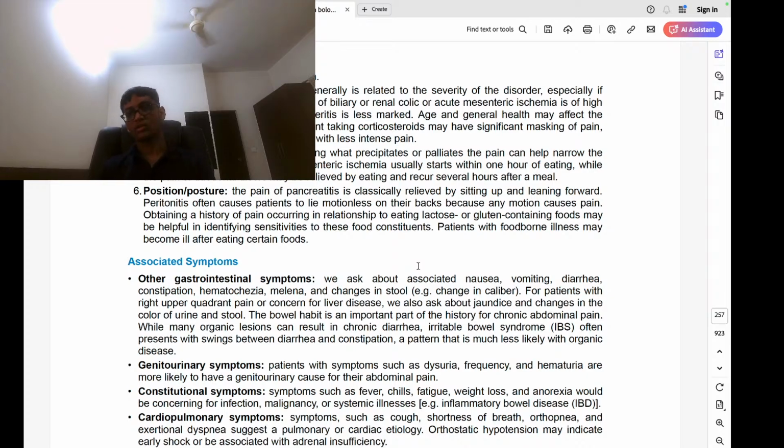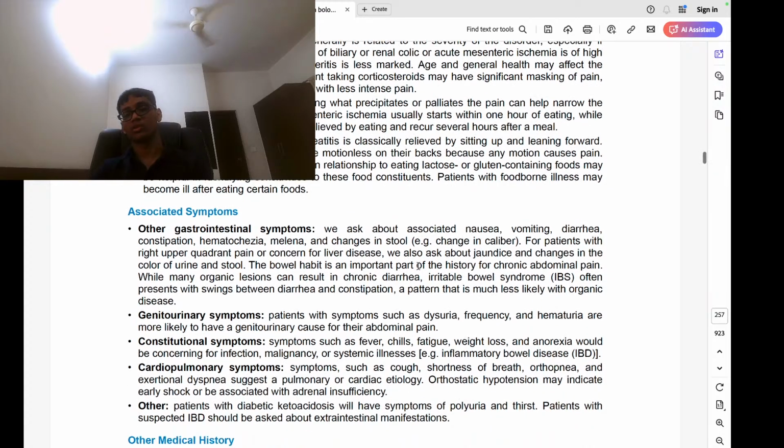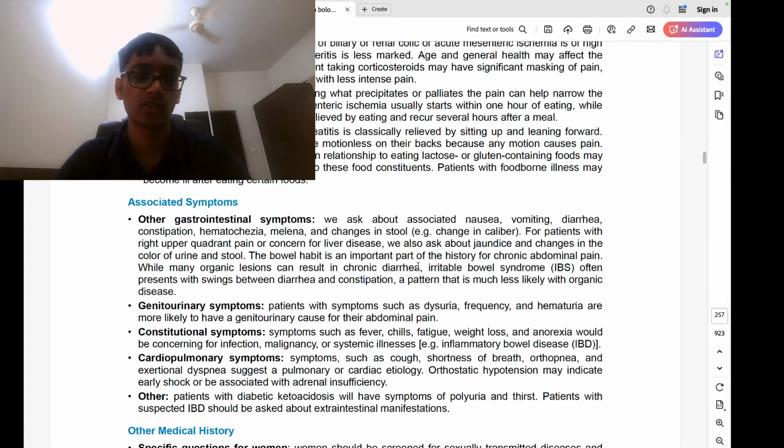Age and health may affect the patient's clinical symptoms. A patient taking corticosteroids will have significant masking of pain, and older patients often present with less intense pain. Then precipitating or palliating factors. Determining what precipitates or palliates the pain can help narrow the differential. Pain of chronic mesenteric ischemia usually starts within 1 hour of eating, while pain of duodenal ulcer may be relieved by eating and recurs several hours after a meal.